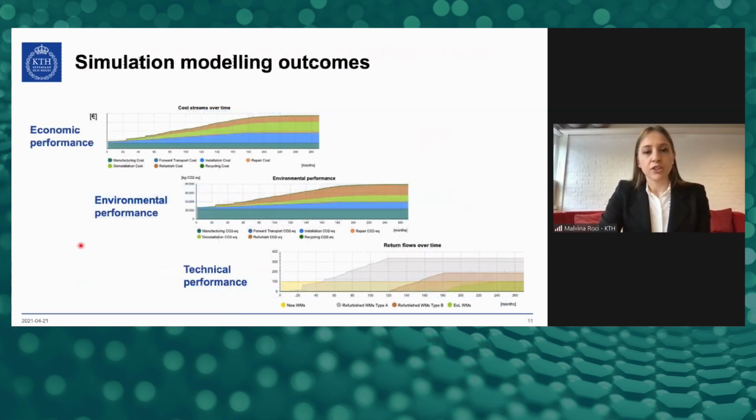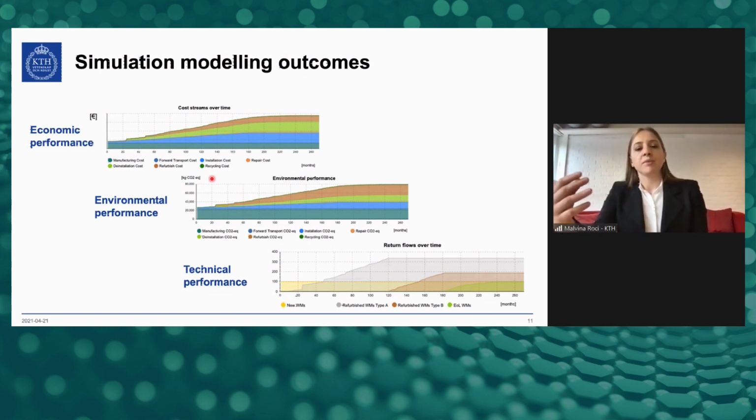And typical simulation outcomes in terms of economic, environmental, and technical are reported here. So in terms of economic, one can analyze different cost streams over time and also the environmental impact over time. And when we are talking about multiple life cycle products, what we notice is that reverse logistics, since we have multiple flows of the product over the life cycle, becomes an important factor.